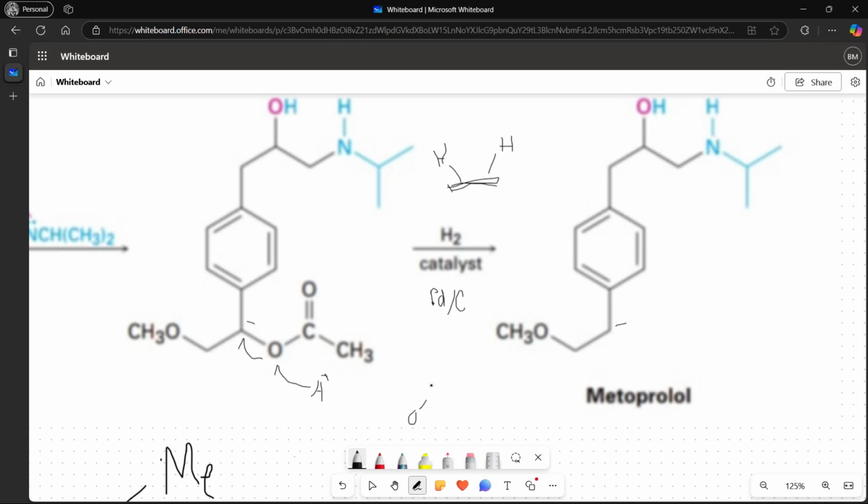So this is your ethanoate group. Okay, so you need to keep in mind that you have two H's here. Once this H attacks, it already occupies the space over here, so you already form your acetic acid as your first product.